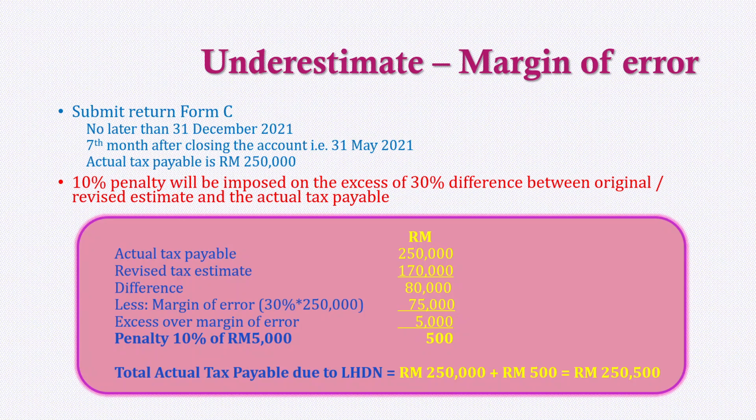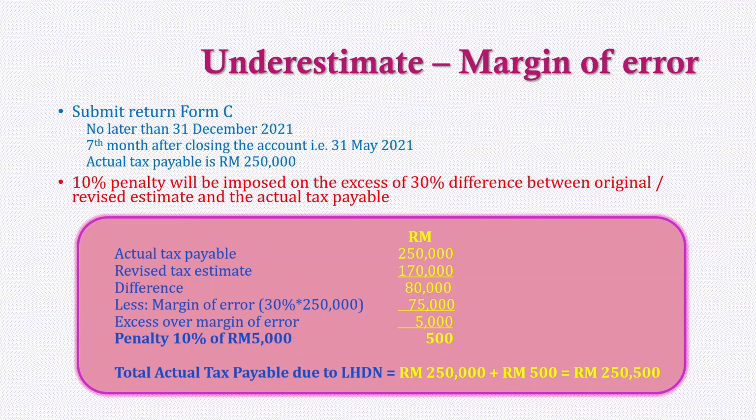Why? Because for a company, you are given 7 months after the closing of the account to submit. So from May, 7 months: June, July, August, September, October, November, December. So by December, you must submit your Form C, completed with your tax computation and so on.